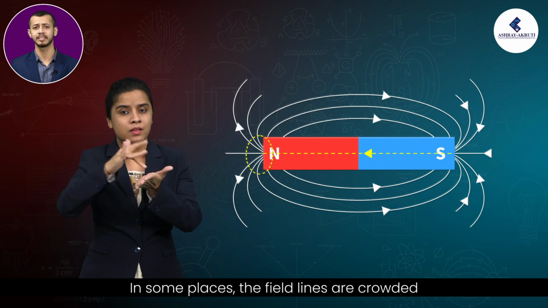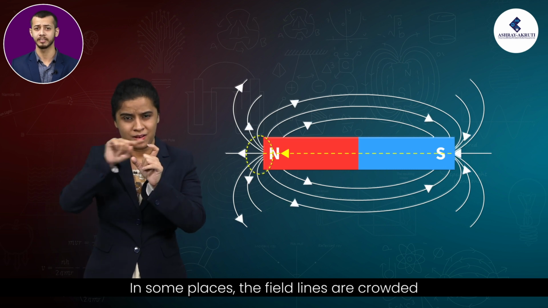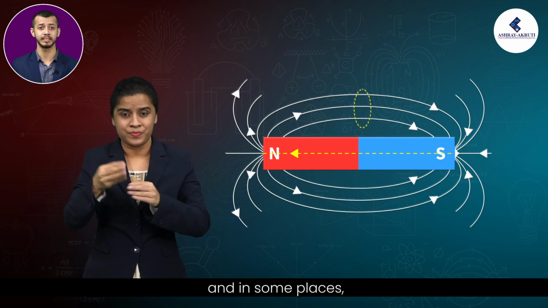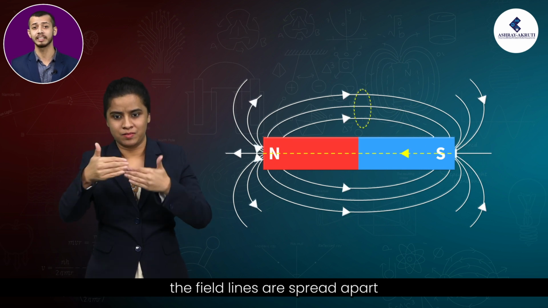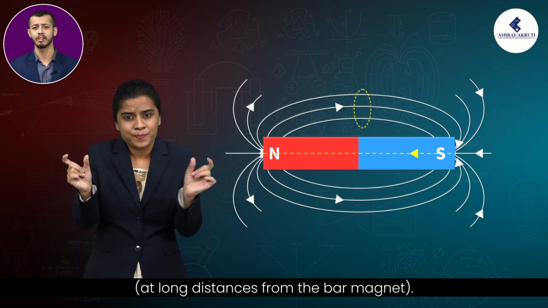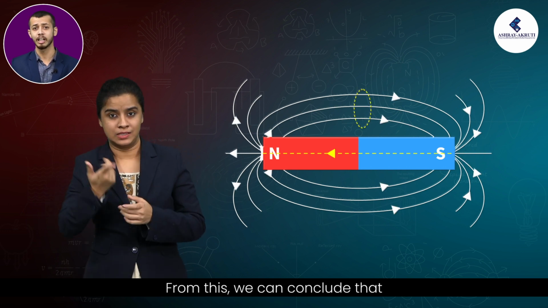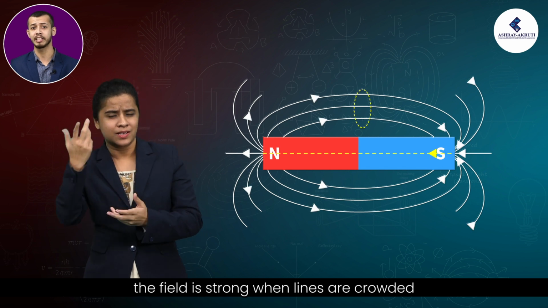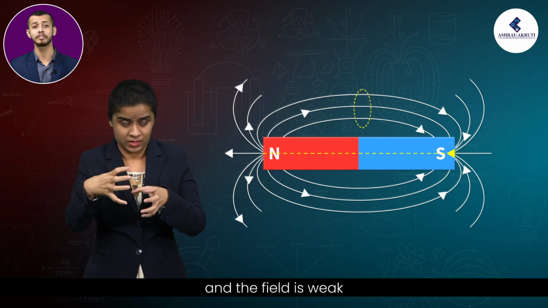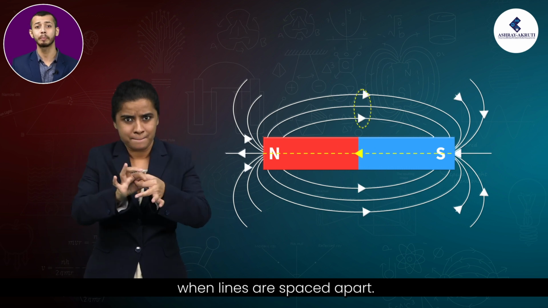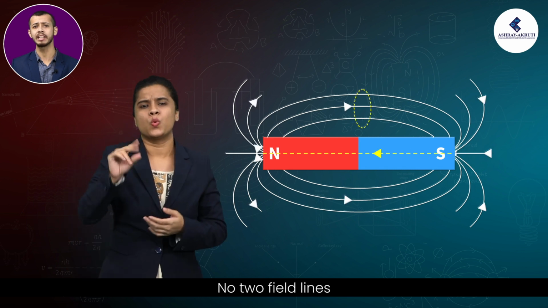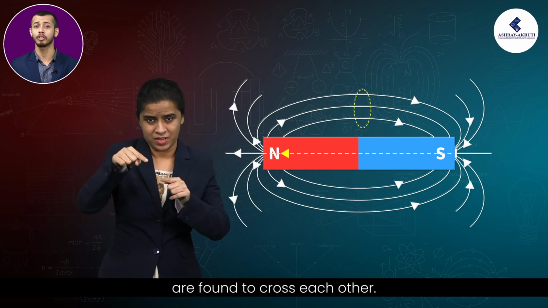In some places, the field lines are crowded near the poles of a bar magnet, and in some places, the field lines are spread apart at long distances from the bar magnet. From this, we can conclude that the field is strong when lines are crowded and the field is weak when lines are spaced apart. No two field lines are found to cross each other.